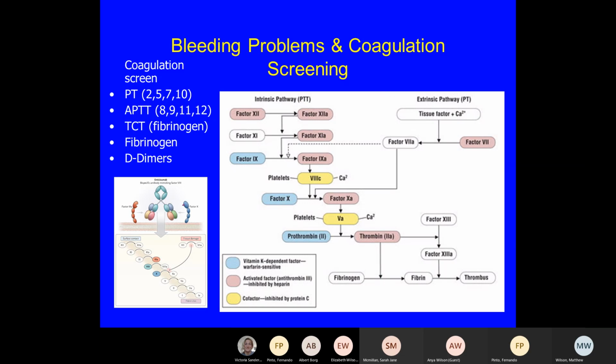So that's a clever molecule that can carry on with the activation of this cascade in the total absence of factor 8. And we've been using this for hemophilia A recently. Next slide.